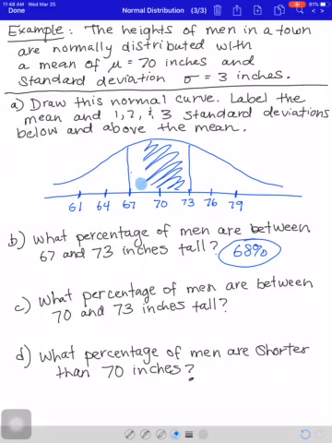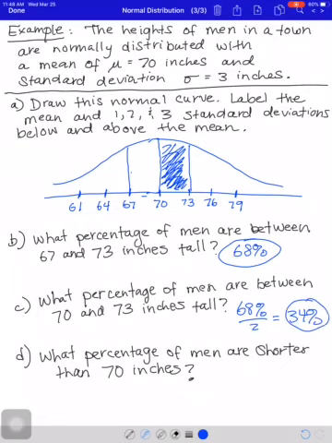That's going to be this region right in here, which notice is half of that 68%. By the symmetry of this curve, this region over here accounts for half of that total 68%. So half of 68%, that would be 68% divided by 2, which gives us 34%.